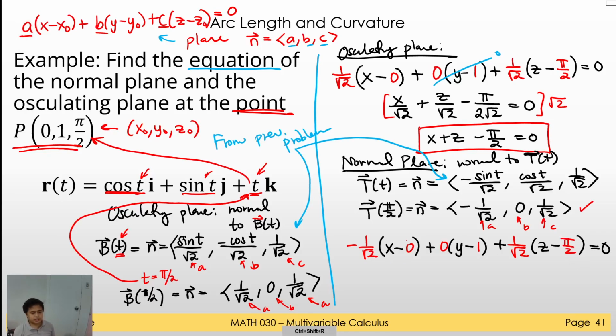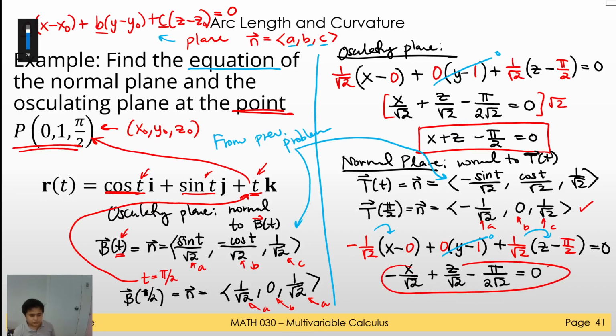So simplifying this, okay, we can cancel out this. Substituting this, we have negative x over square root of 2 plus z square root of 2 over square root of 2 minus pi over 2 square root of 2. So again, we can factor out the square root of 2 to cancel that out.